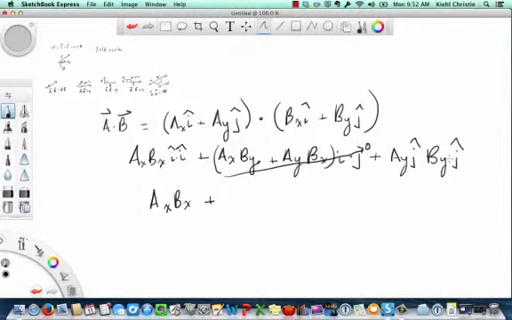And then J and J again are parallel, so the final bit is just AY BY, which yields something interesting about the definition of a dot product. A dot product is just the sum of the products of the vector components.